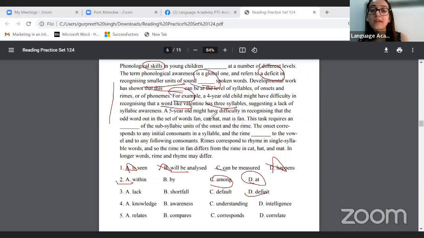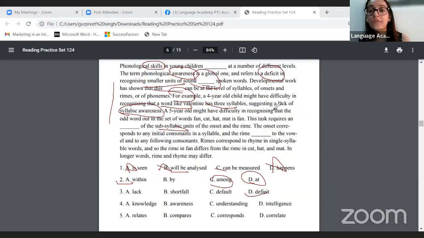A 5-year-old might have difficulty in recognizing that the odd word out in the set of words fan, cat, hat, mat is fan. This task requires dash of the subsyllabic units. What is the answer? Understanding or awareness? What is the topic? They just use the word awareness so many times to tell you that this is the topic, phonological awareness.